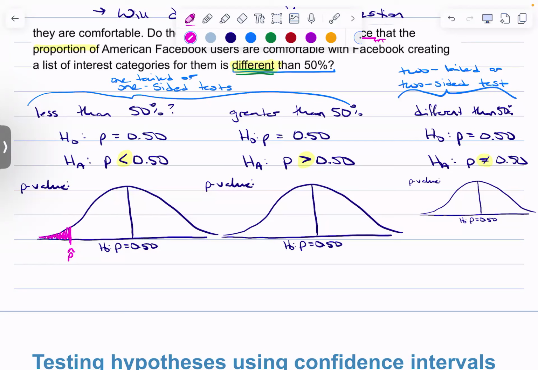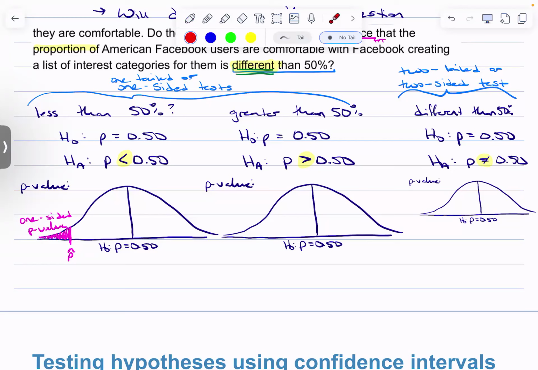The p-value is the probability, it's the area under the curve, of seeing something as extreme or more extreme, assuming the null hypothesis is true. Right? And so this area here is your one-sided p-value. This is a one-sided test, and so that's my p-value.